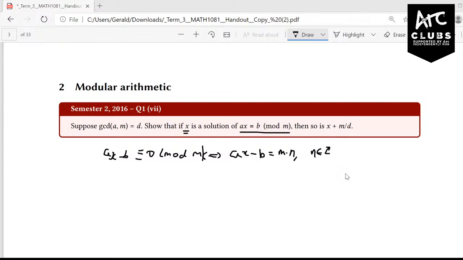Right. All right, so that's going to become important to us.